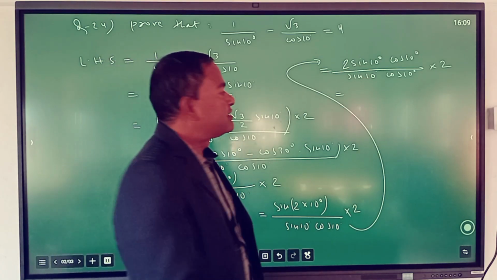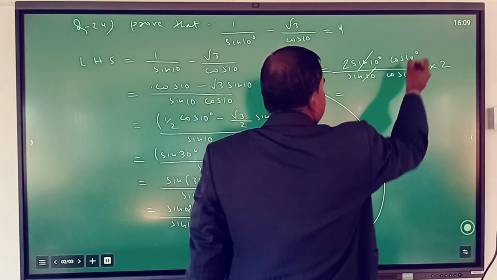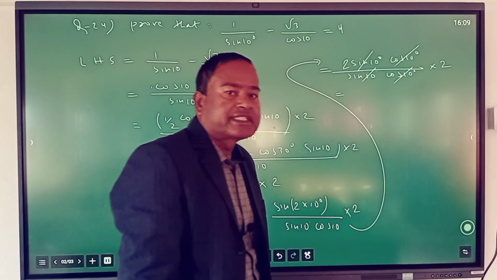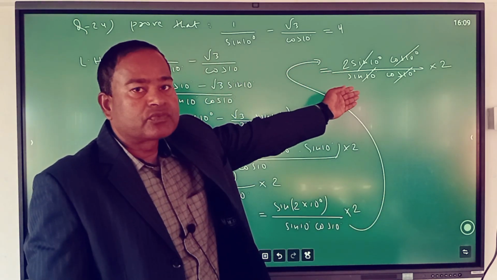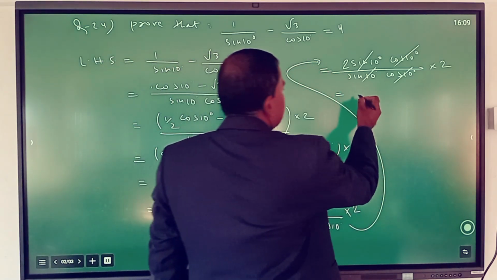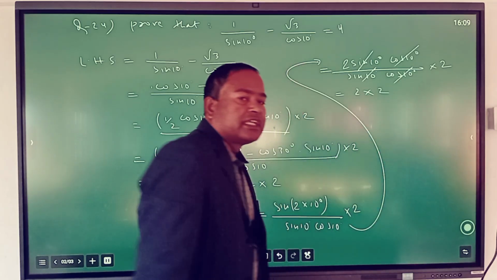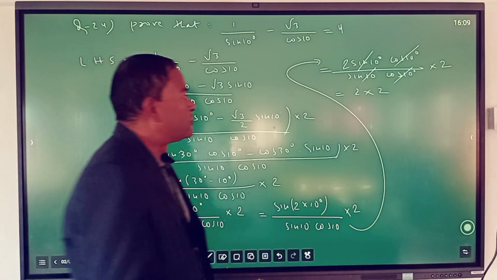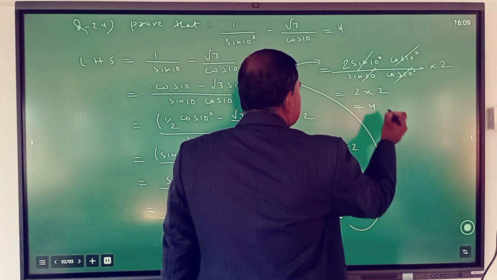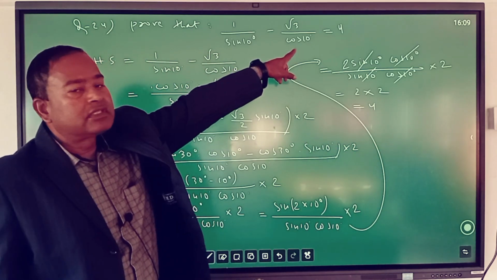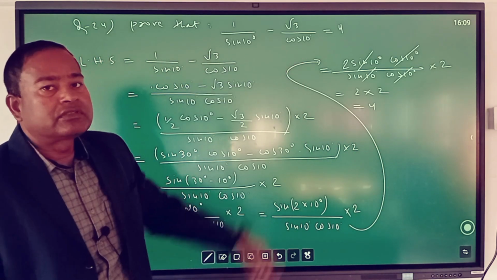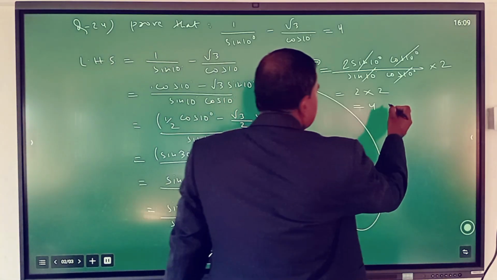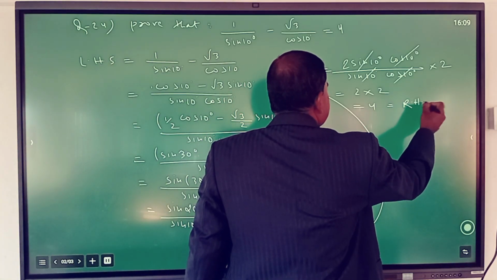So we can cancel sin 10 degrees and cos 10 degrees. Same terms we can cancel with each other. Then we have got the remaining term 2 times 2, which is equal to 4, which is equal to the RHS of our proof.